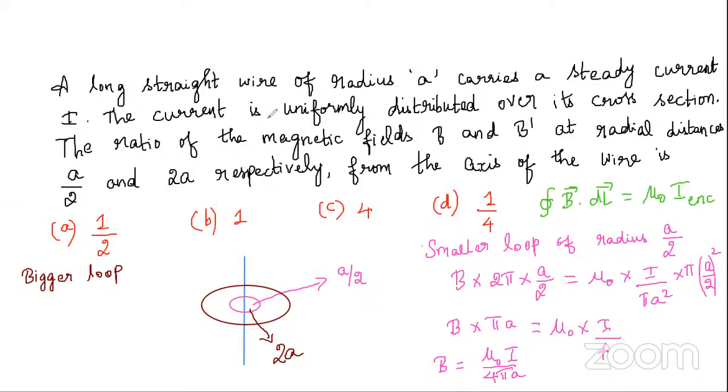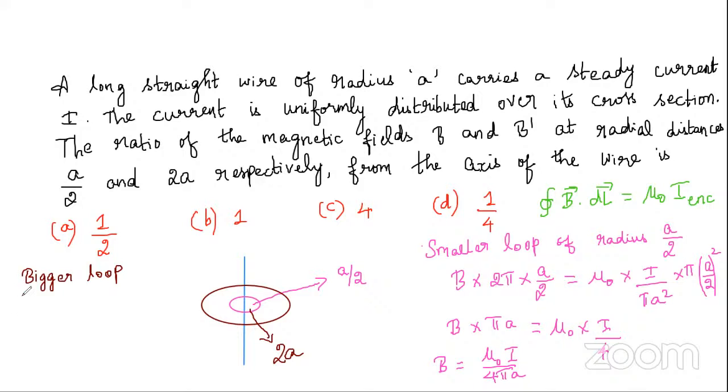Okay, so initially the straight wire is having a radius a, and the magnetic field B which we have calculated here for the smaller loop is at a point a by 2. That is the point which lies inside the wire. Radius a by 2 means it actually lies inside the wire. So now the bigger loop means the radial distance is 2a. So that means it is outside.